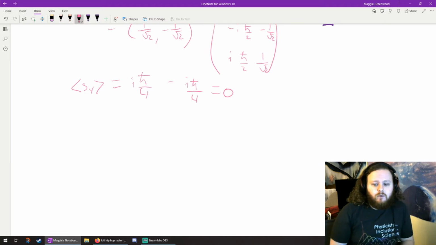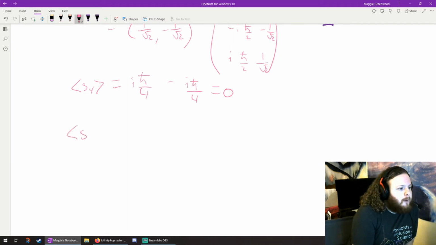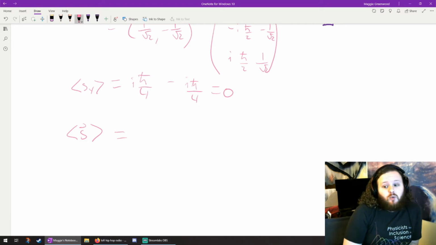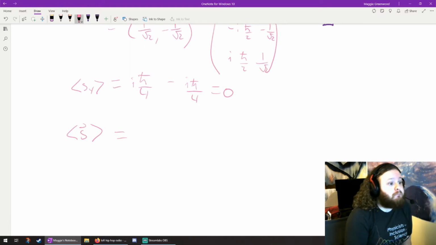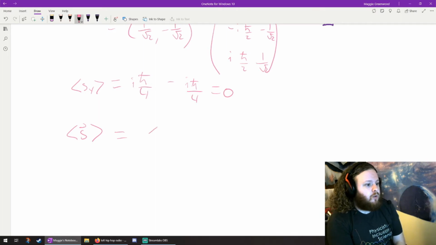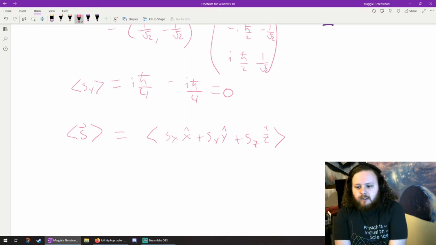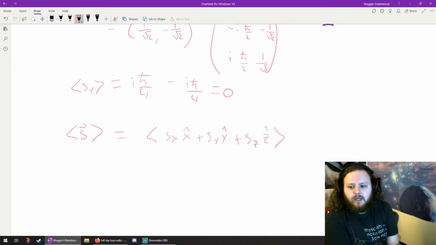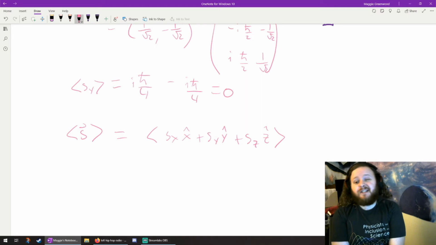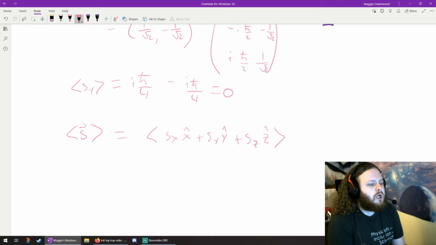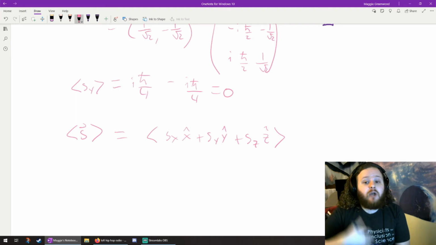Absolutely. I like it. So I can also calculate S vector, which is weird. That's a weird one to talk about. But S vector is the same thing as asking, what about Sx x hat plus Sy y hat plus Sz z hat, where I have basically made a vectorial thing out of it. So you have a half chance of plus y and a half chance of minus y, which averages 0. So it's not quite plus and minus y that you have chances of. It's really the probabilities of an outcome of measurement.